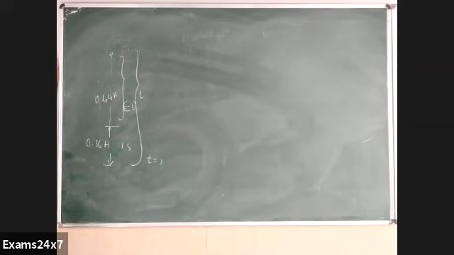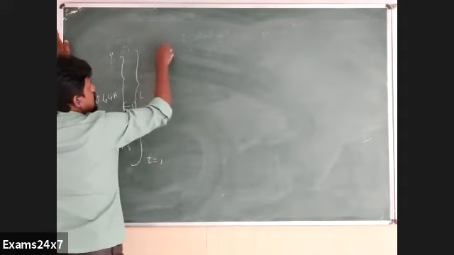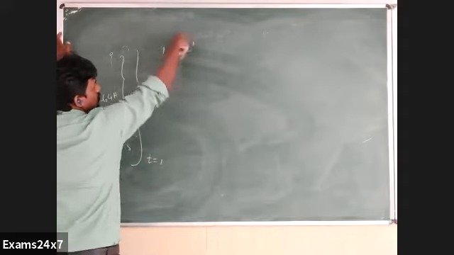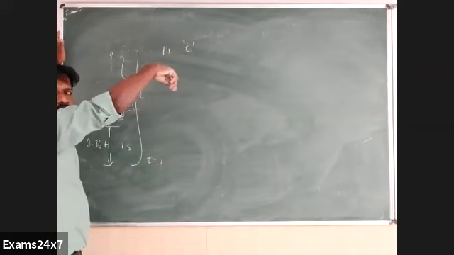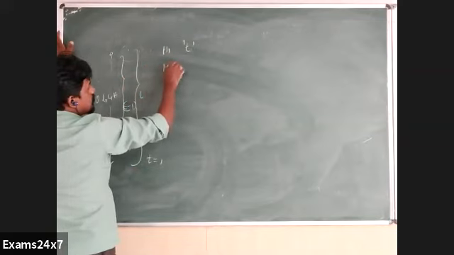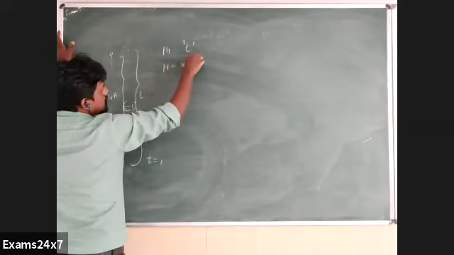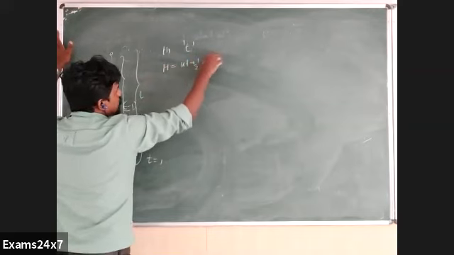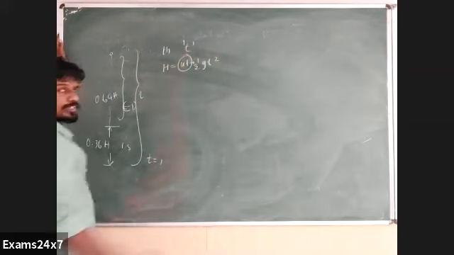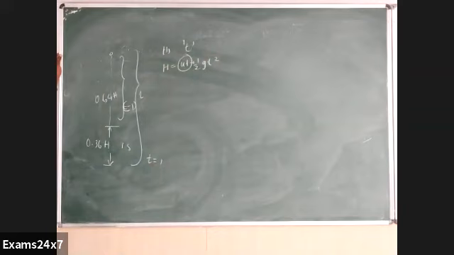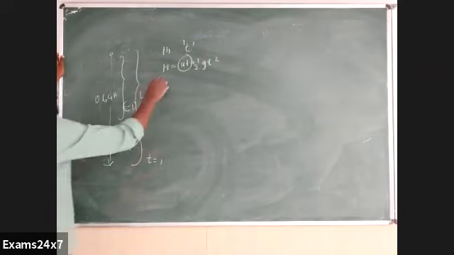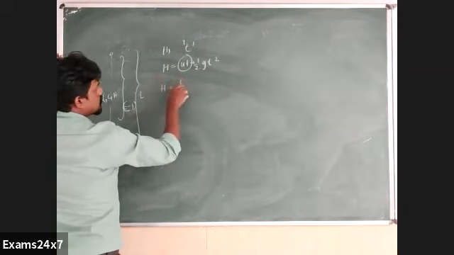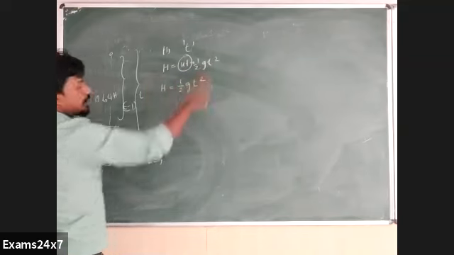Now, if h is the total height and t is the total time taken, you know that h is equal to ut plus half g t square. u is 0 because it is dropped from a certain height. So h is equal to half g t square.